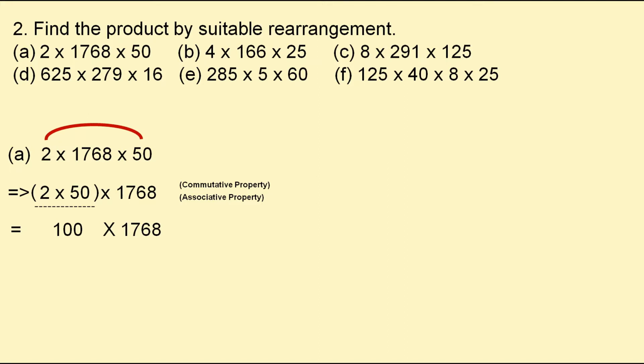Now as you know, 2 into 50 is equal to 100 and we have to multiply this 100 with 1768. And in my previous video I have explained that if we have any one number with zeros at the end, at that time we have to multiply the other number with the number having zeros which is present before that zero. Means here we have to multiply this 1768 with 1 will give you the answer as 1768.